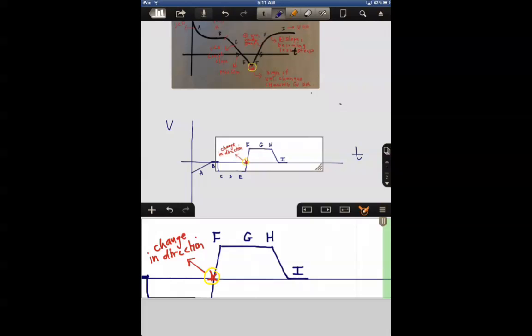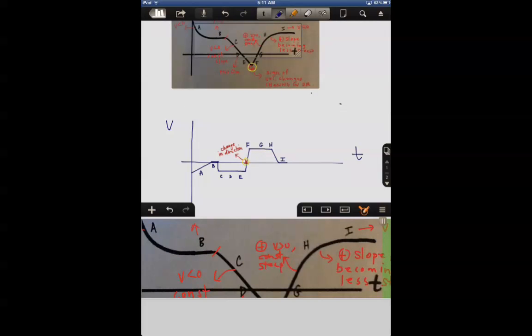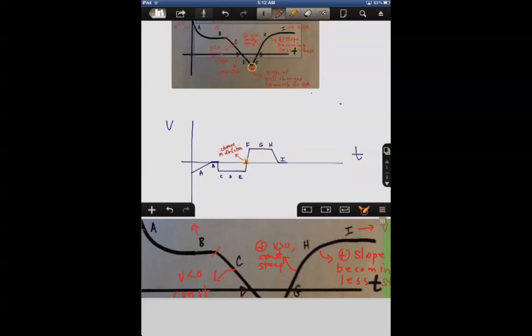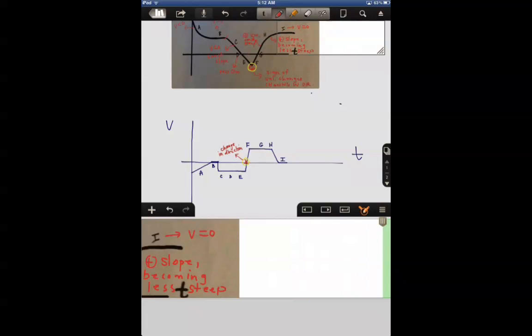A few last things. In this class, whenever you see a curve on the DT graph, you can assume that all curves are parabolic.